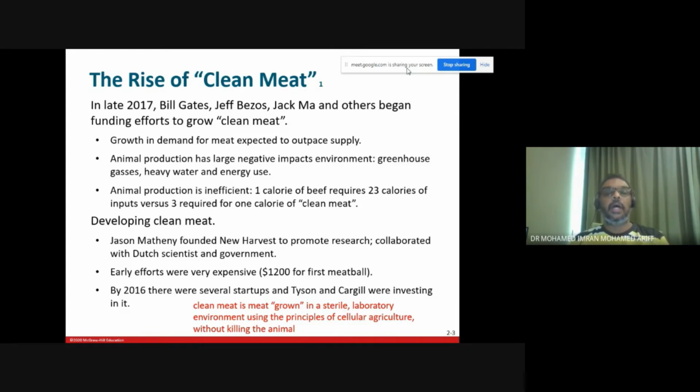All right. Animal production has large negative impacts on environment, greenhouse gases, heavy water and energy use. So point number 2, look at this. These are all problems. Why do they want to come up with clean meat? Is because if you cut animals, you will have a negative impact on environment, greenhouse effect, water banyak pakai, and energy use.